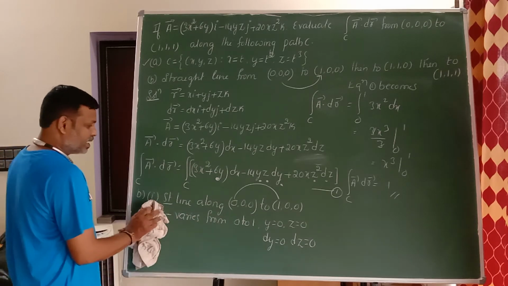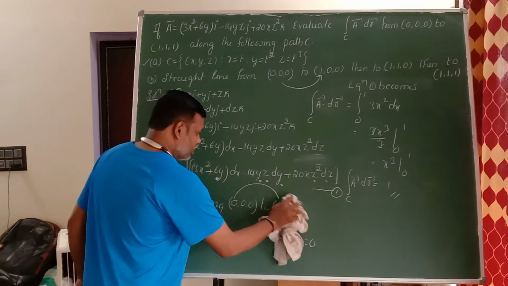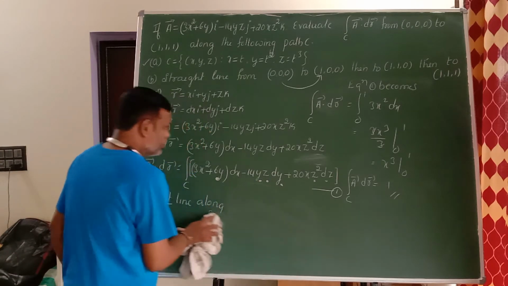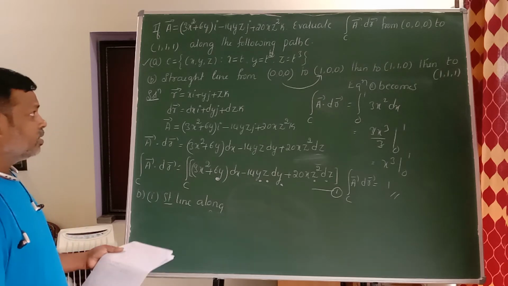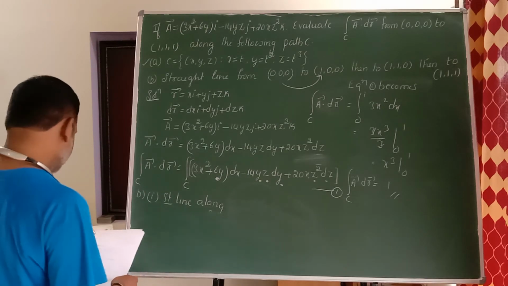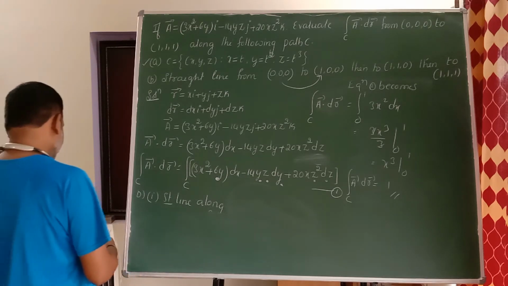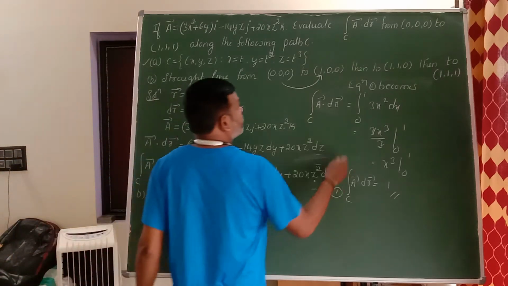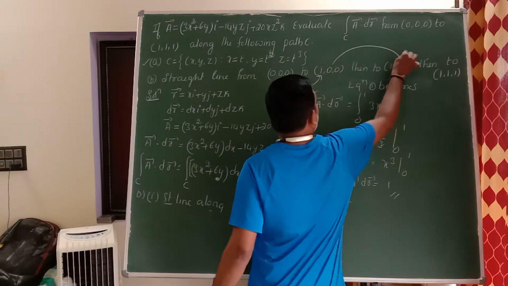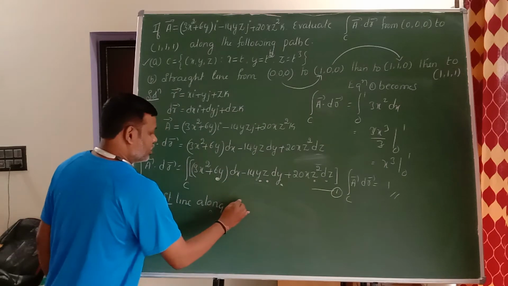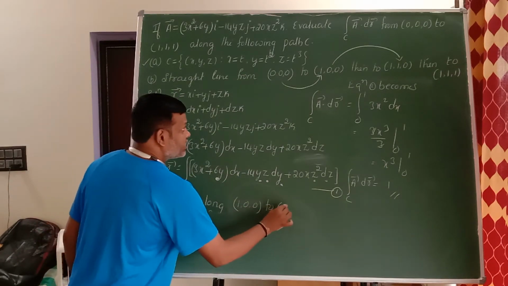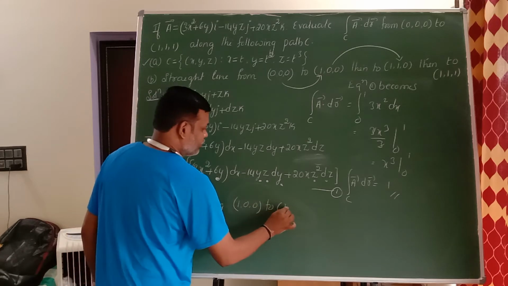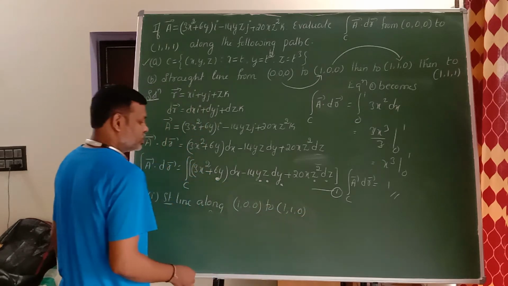Let us move on to the second condition, the straight line along 1, 0, 0 to 1, 1, 0. The question is a straight line from 0, 0, 0 to 1, 0, 0, then to 1, 1, 0. Here we have to make so many arrangements.